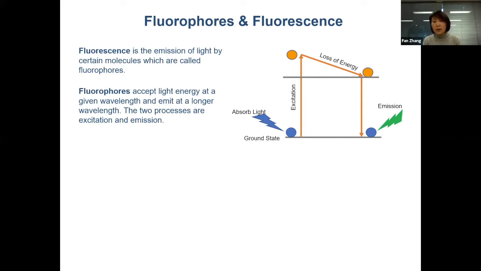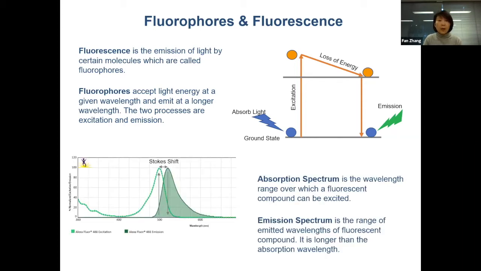It loses energy and emits light at a longer wavelength when returning to the ground state. The process of excitation and emission produces fluorescence. It's worth mentioning that the emission wavelength is always longer than the excitation wavelength. This produces a Stokes shift.